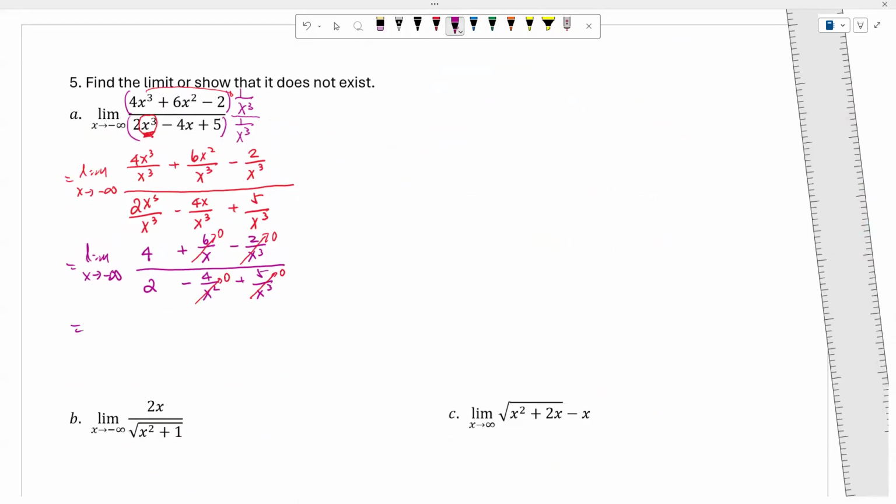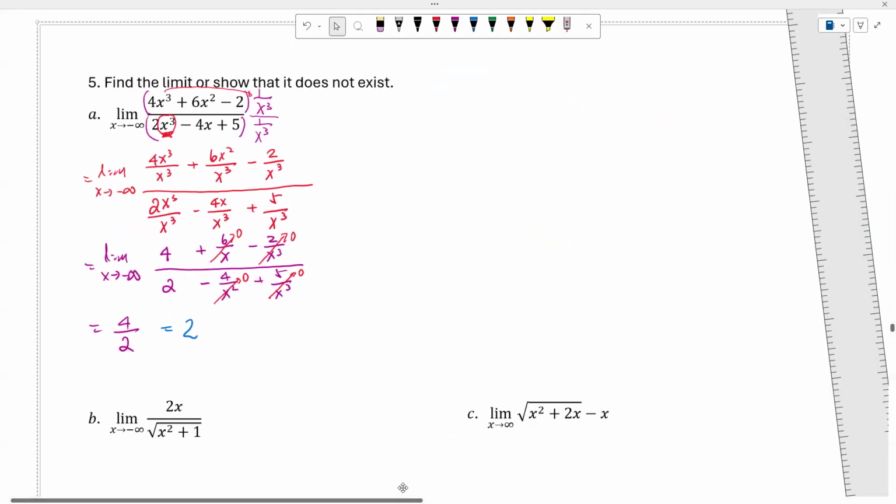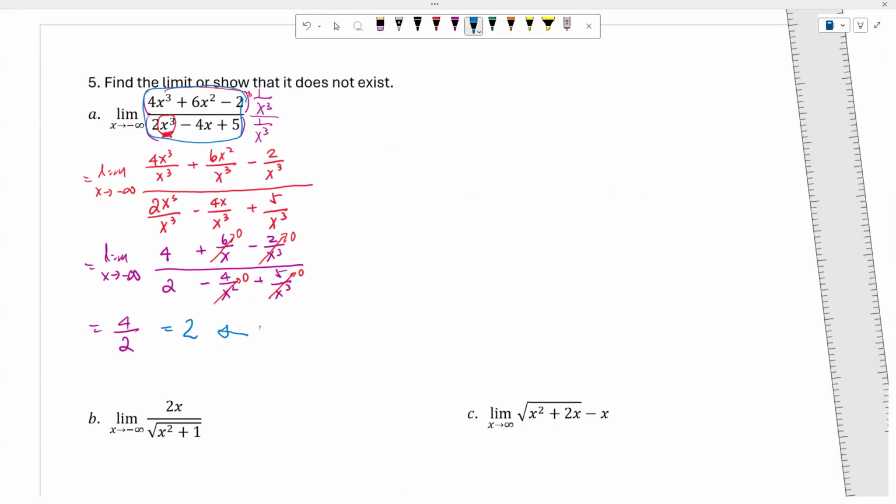The only thing that I have left is 4 over 2. Then my answer is 2. And again, remember, this answer equal to 2 means that for this function, I have a horizontal asymptote y equals 2, right?